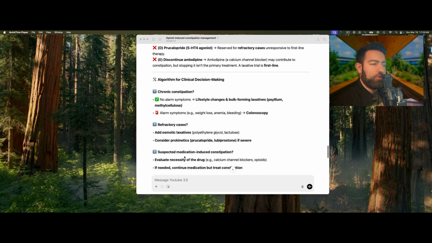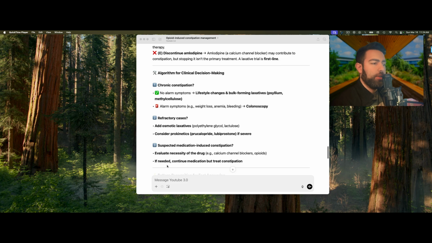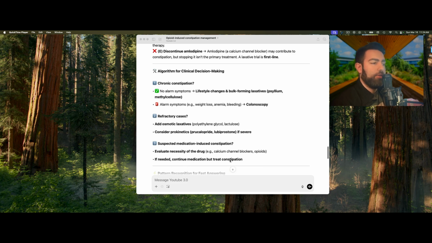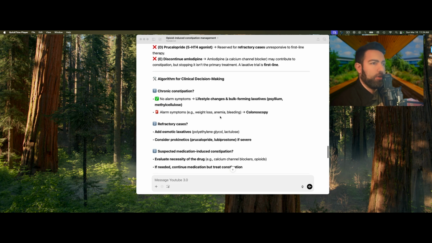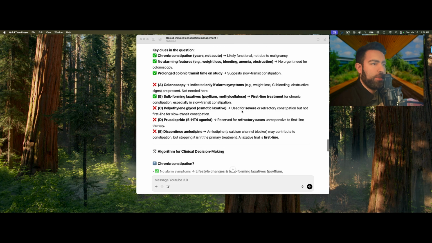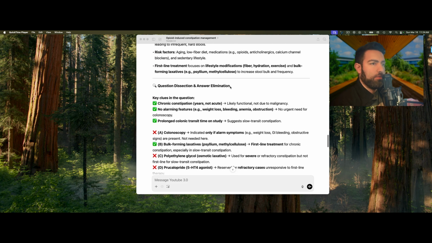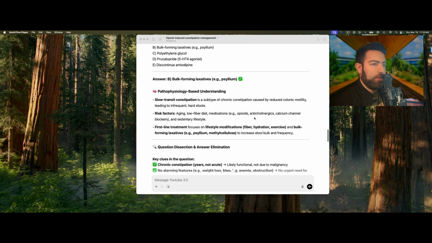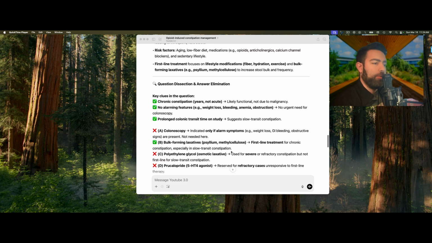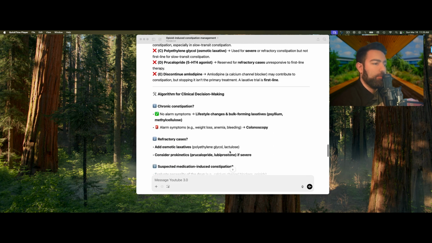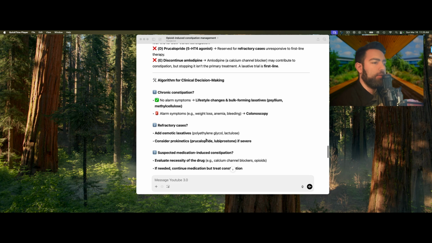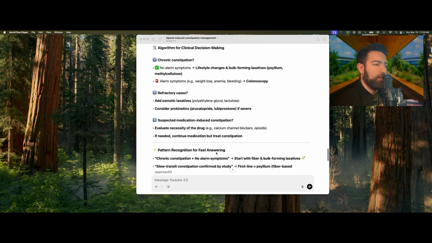And then suspected medication-induced constipation: evaluate necessity of the drug. Can you take those drugs off? We talked about the amlodipine, and I think I had anticholinergics and even opioids. So we can consider those, but you need to see what the indication is for that medication.